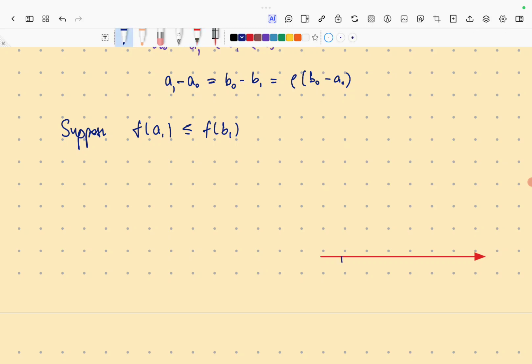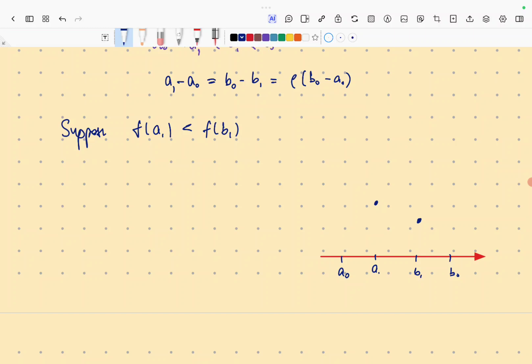So I have the points A0, B0, A1, B1. As it so happened, f of A1 is less than or equal to f of B1, or let's say without loss, let's start with f of A1 strictly less than f of B1. So this is my f of A1, this is my f of B1.